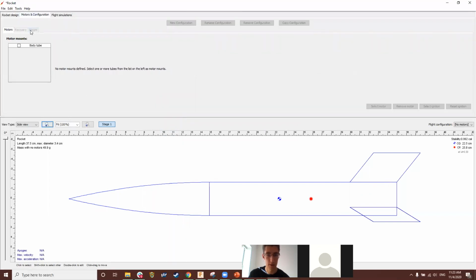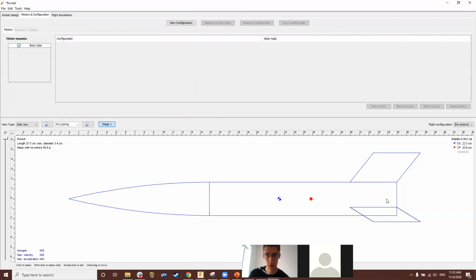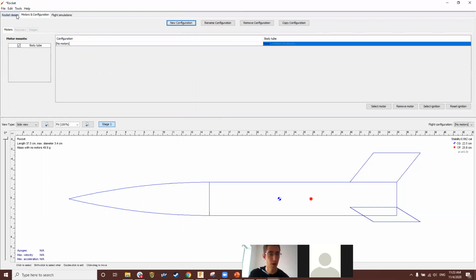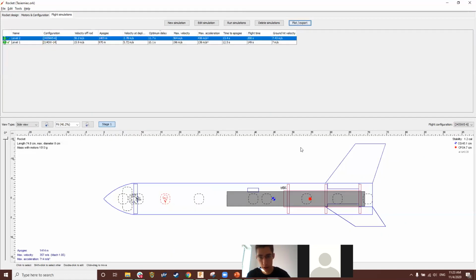So let's say you've got your design finished. You choose the body tube to where you mount your rocket. Although I recommend the way I did this, it's way better to have 2 tubes. Let me see if I can get back to my, yeah. It's way better to have 2 tubes and have the fins going through the wall of your outer tube.